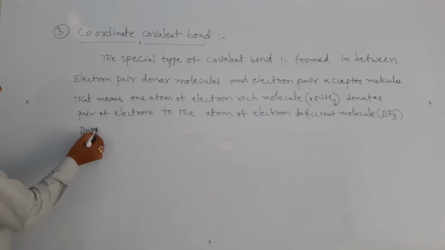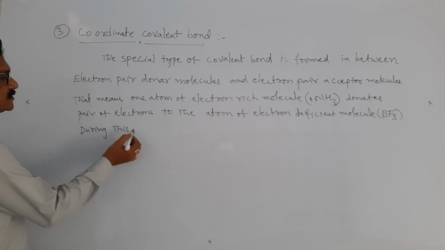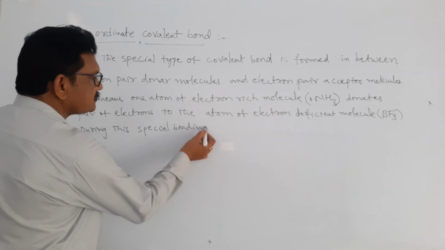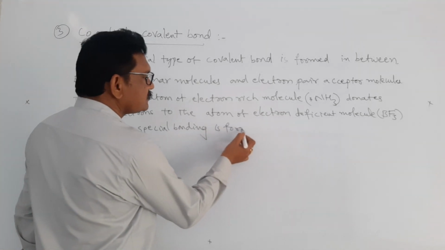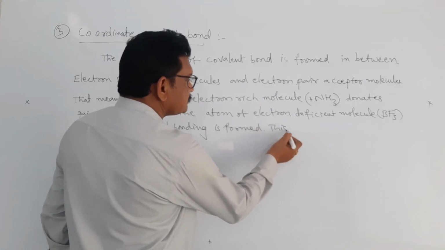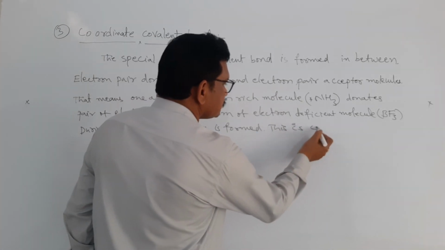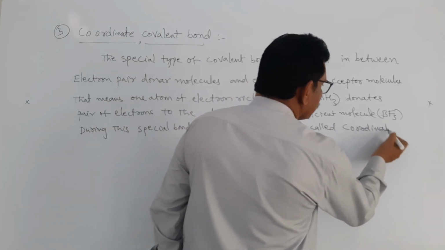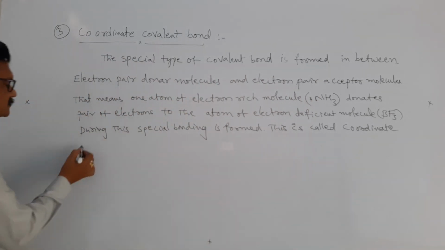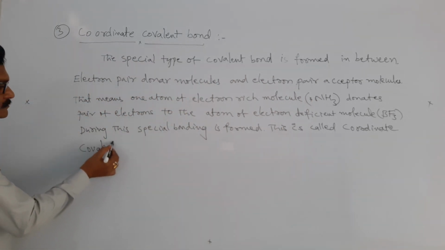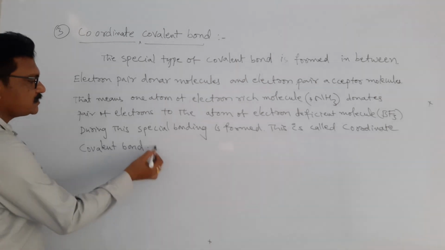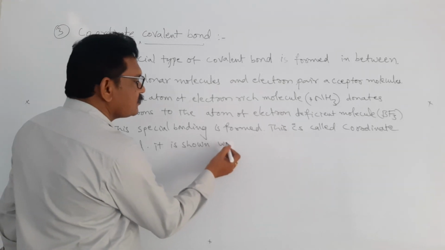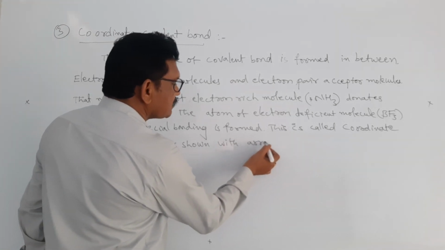During this, a special bonding is formed. This is called what we call coordinate covalent bond. It is shown with an arrow mark.